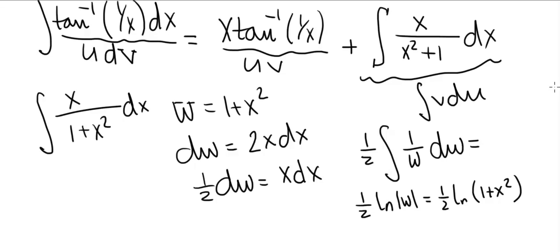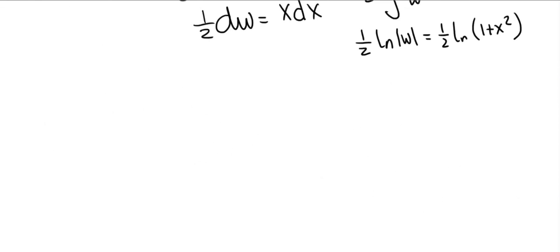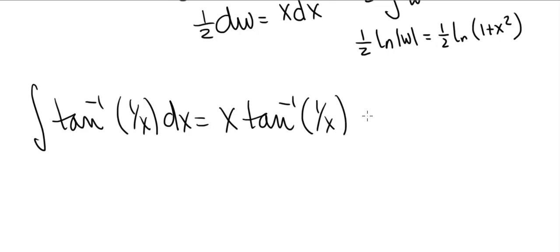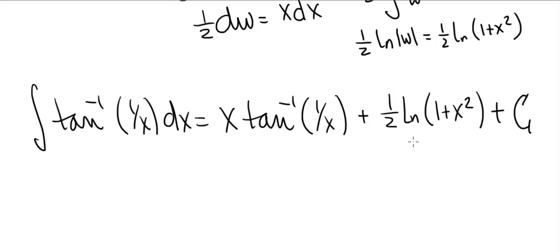So let's finish this up. We have the integral of inverse tangent of 1 over x is equal to x times inverse tangent of 1 over x plus 1/2 natural log of 1 plus x squared plus the constant of integration c. That's the answer.